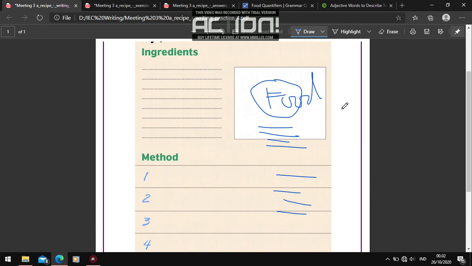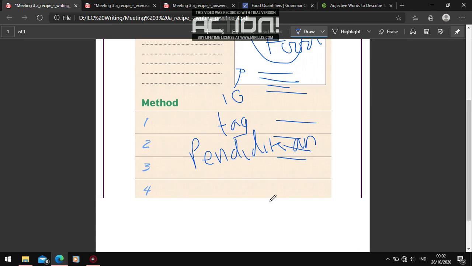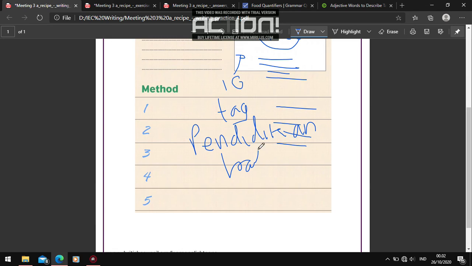Okay, so don't forget to upload it on your Instagram and tag Pendidikan Bahasa Inggris. And once again, please don't delete your picture.